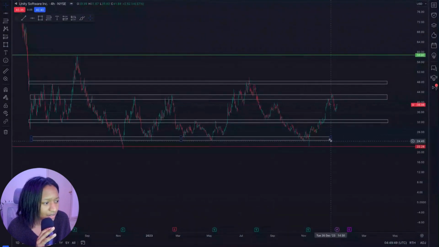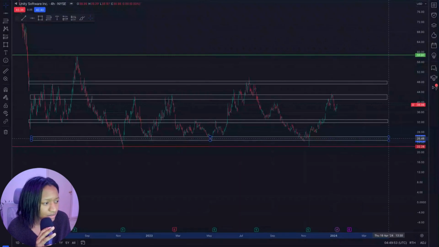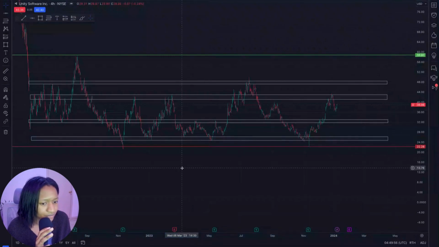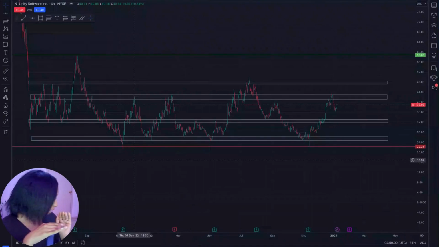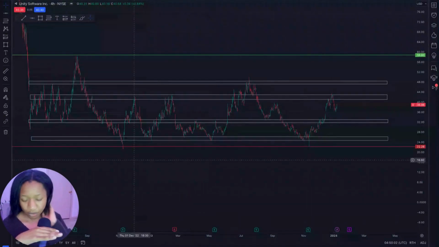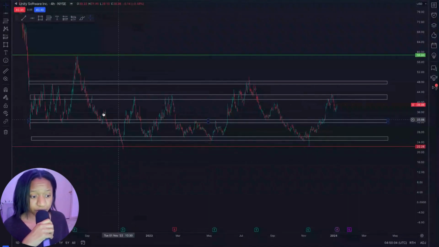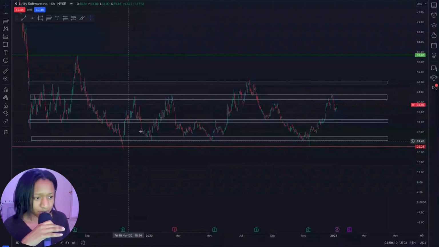But we're going to stretch this out. Okay, so we found a major line of support over here, and resistance, support and resistance, support and resistance.